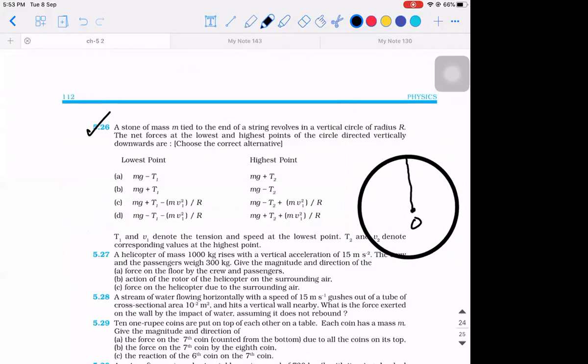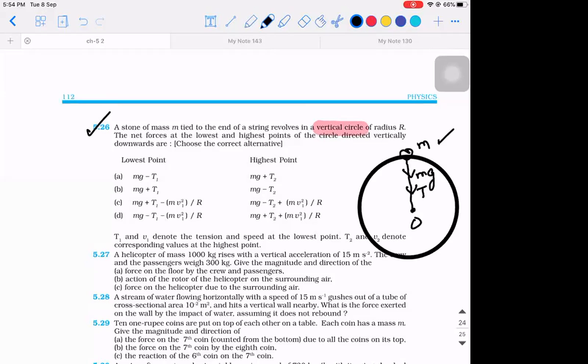If I take this as the center, the stone is here of mass m, then mg will act downwards and tension will be along the direction of the center. Both tension and mg will try to pull the object towards the center. This is a concept you will learn in the next chapter, called vertical circular motion.